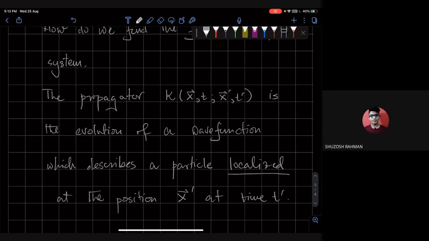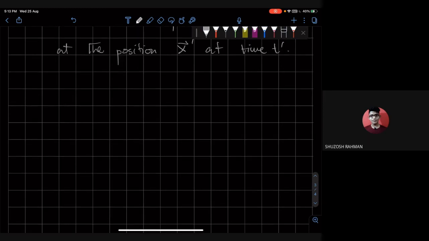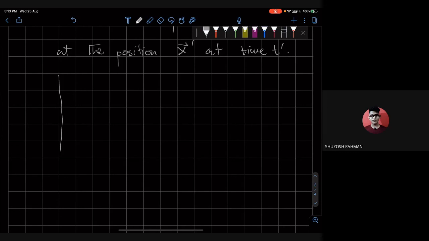Okay. So what I'm saying is that suppose that you have your time in that direction, space in that direction, and this is say t prime, the original, and you had some point called x prime, and the wave function was basically localized here. So it was kind of a delta function wave function.